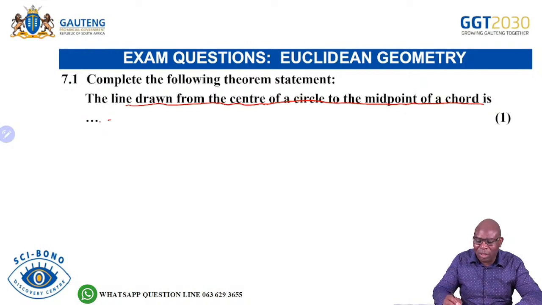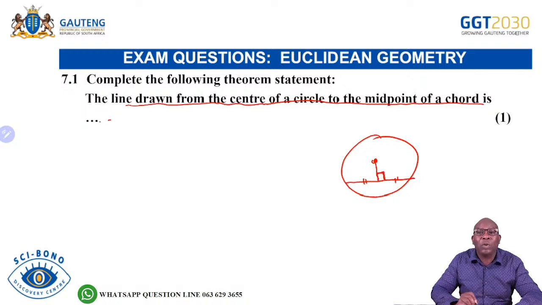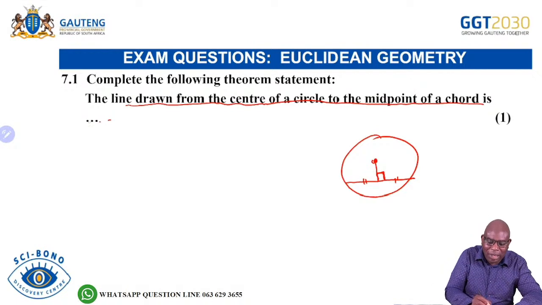You see, that is theorem number 1, which says a line drawn from the center of the circle to the midpoint of the chord. What does it do? It is perpendicular to the chord. So in other words, the answer there was perpendicular to the chord.